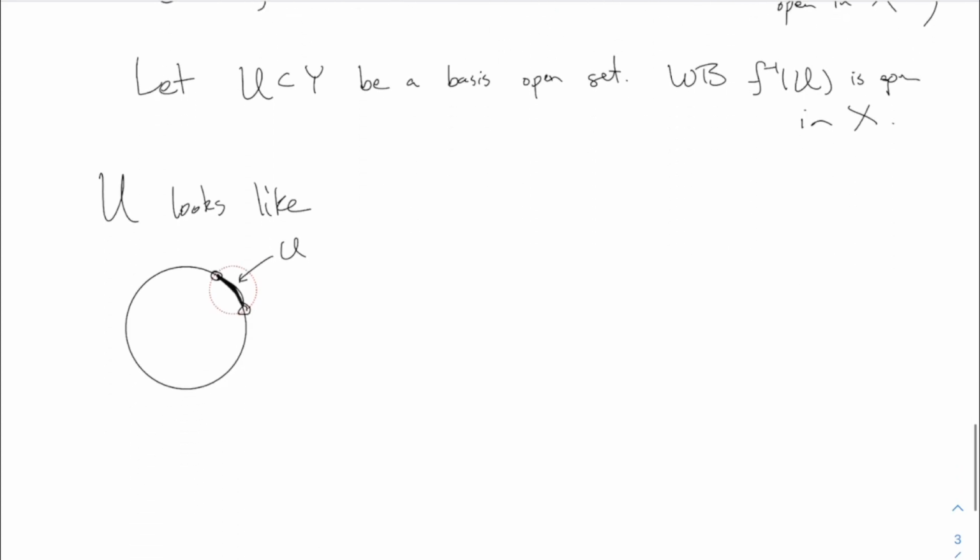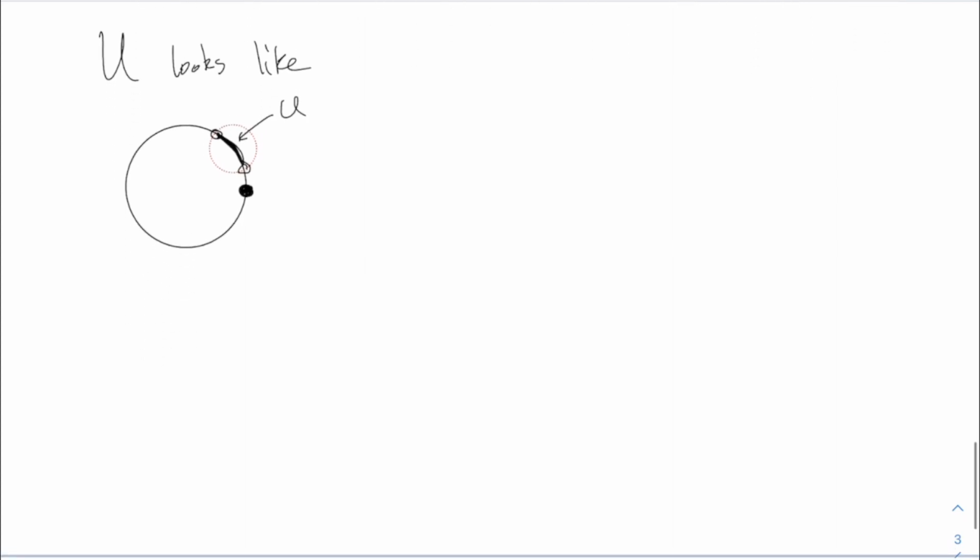So I want to consider 2 cases. One is like this, where the gluing point is outside of U. The other is a situation where the point where I glue them together is actually inside of U, like so.